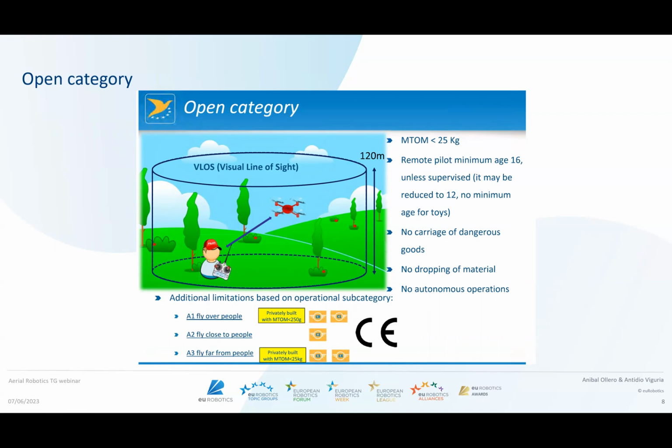These are the main ones. So if you are flying an aircraft below 25 kilos, and we will see the details of this later, in visual line of sight and below 120 meters, you may be in the open category. And we will see what that means.